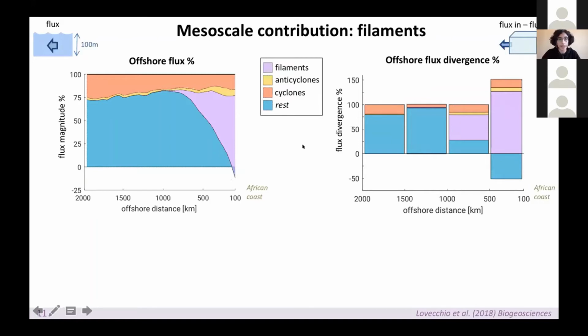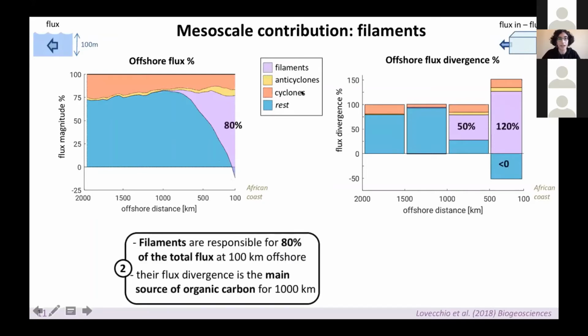And what we can really see clearly from these plots is that filaments have a very important role in the offshore flux in the nearshore 500 kilometers up to 1,000 kilometers. At 100 kilometers offshore, so just at the boundary of the upwelling area, filaments drive 80% of the total offshore flux. So a really, really big part of the total flux of organic carbon.